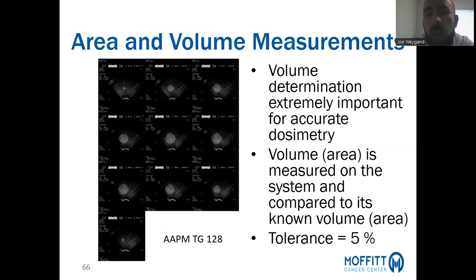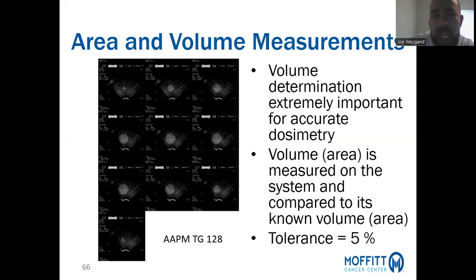Ultimately, we want to measure the accuracy of the area and volume determination system of the ultrasound. When doing prostate brachytherapy, the accuracy of our dosimetry depends on how accurately we determine the volume of the prostate. In this TG128 phantom, you have structures that have a known volume.